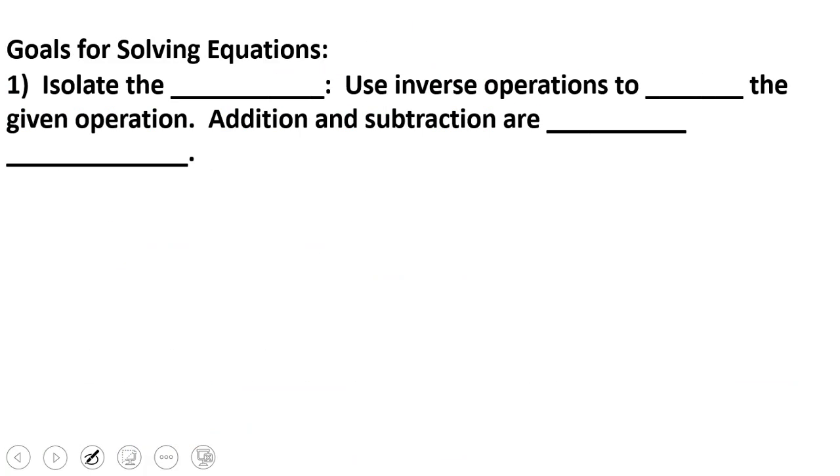And why is that important? Because there are two goals, two things we can do to solve an equation. The first goal for solving an equation is you have to isolate the variable. You have to get the variable all by itself.